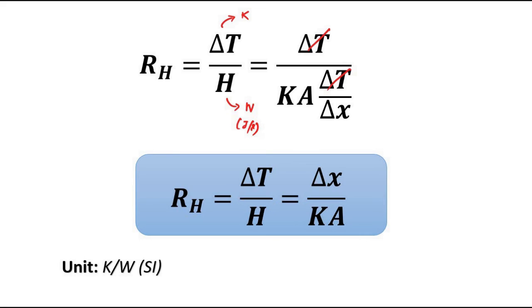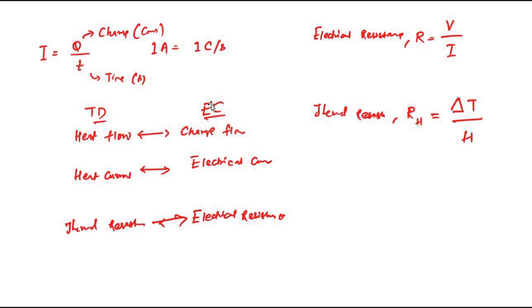The SI unit of electrical resistance is ohm. So this is the interesting analogous relationship between electrical circuits and thermodynamics, where charge flow is similar to heat flow, electrical current is similar to heat current, and electrical resistance is similar to thermal resistance.